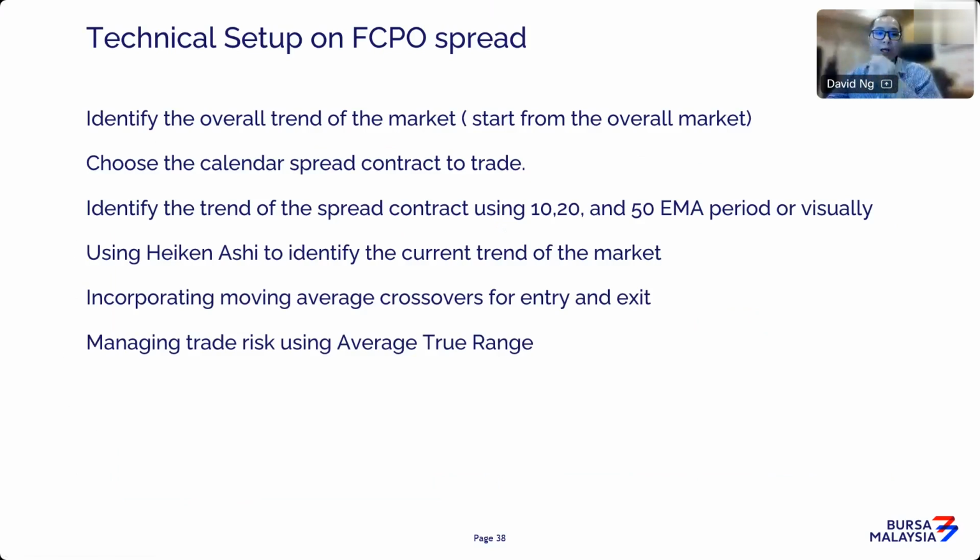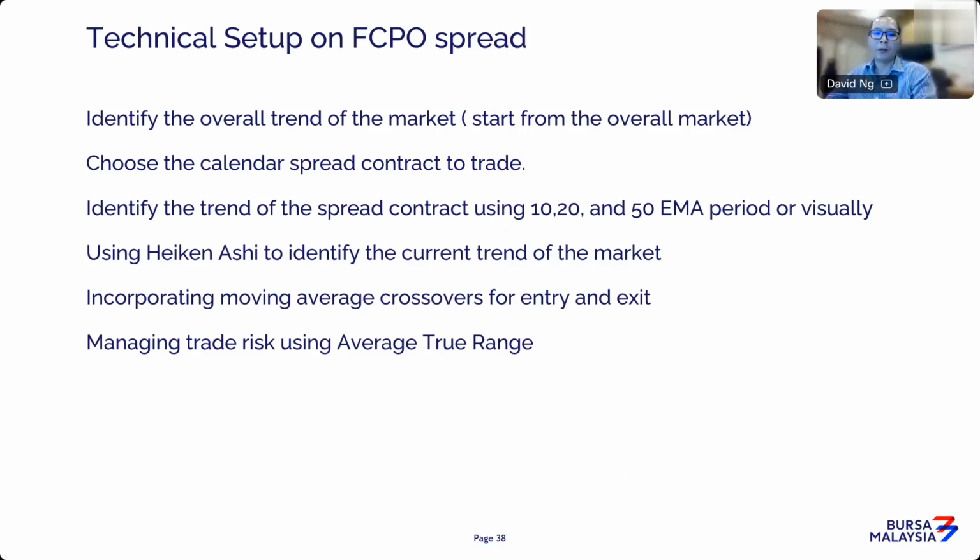Now, the next big thing is looking at technicals. If you look at the CPO spread, you can actually apply a certain trend trading strategy. There are many ways to look at trend in a particular market. You can look at it visually, or put moving averages on to depict where the trend of the market moves.